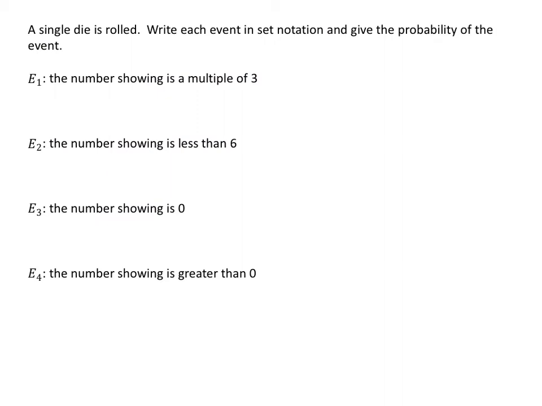Discussions about probability almost always start with rolling a single die, right? So that's a number cube that has 1 through 6 on it. So we're going to write each event in set notation, and then we're going to give the probability that the event is going to happen. So the number showing is a multiple of 3. So our event, E sub 1, in set notation, what are the available values that are multiples of 3?